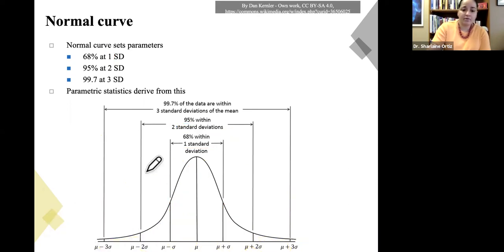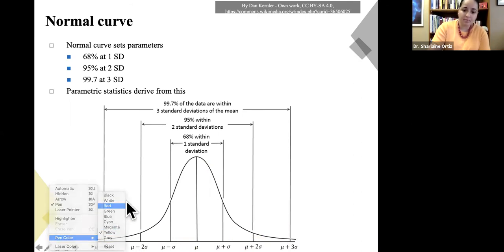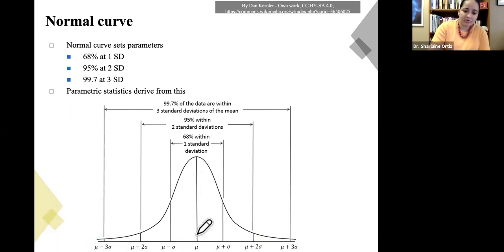So let's think about IQ again, continuing with this sample. The average IQ will fall here, right? Because this is our average number. And generally, the average IQ is 100, the average person. And to my understanding, if I'm not mistaken, the standard deviation for intelligence is 15. So 1 standard deviation, if we add 15, will be 115.